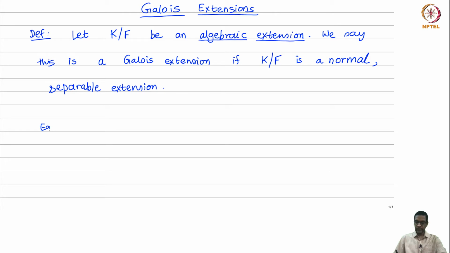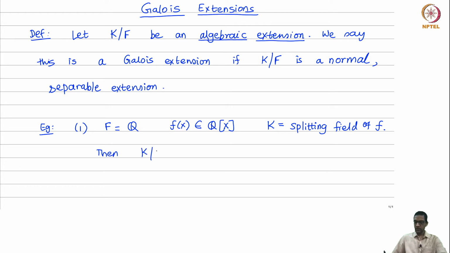And so quickly let's see the examples. If I take my base field F to be the field Q, and if I take any polynomial f(x) in Q[x], and I define K to be the splitting field of this polynomial f, then K over F is automatically a Galois extension.